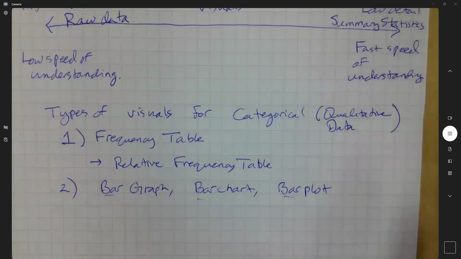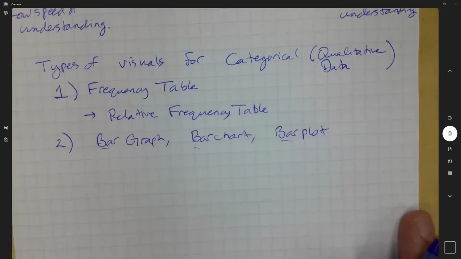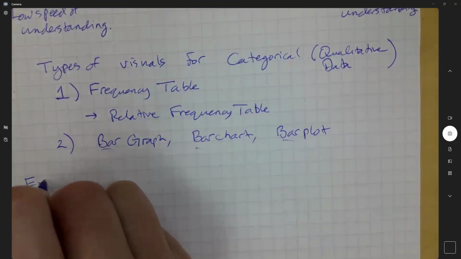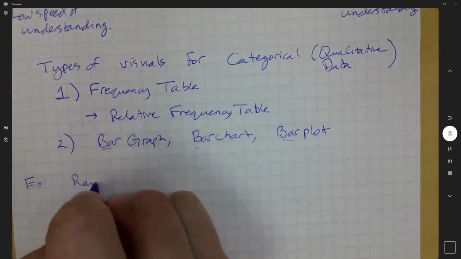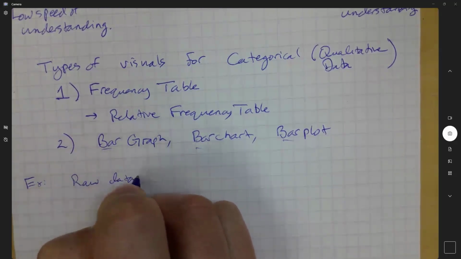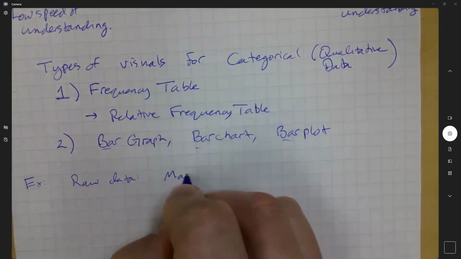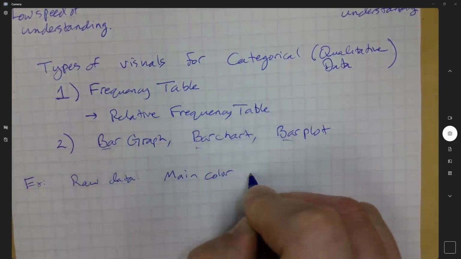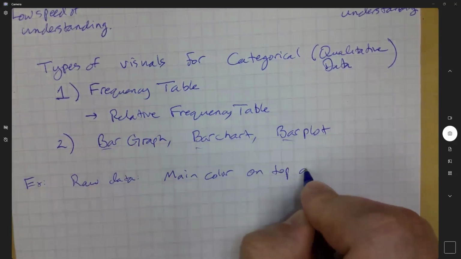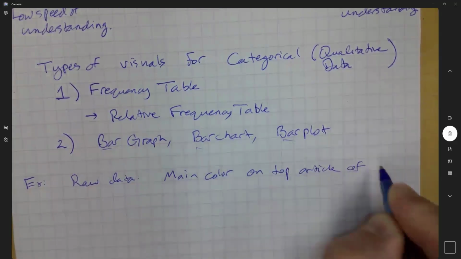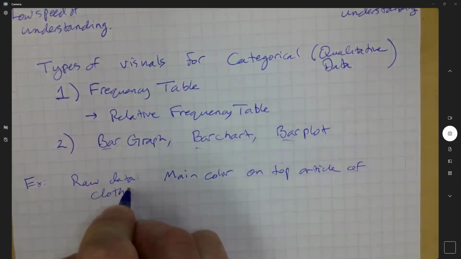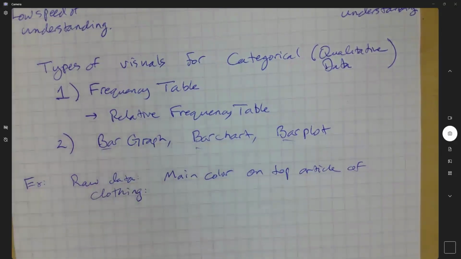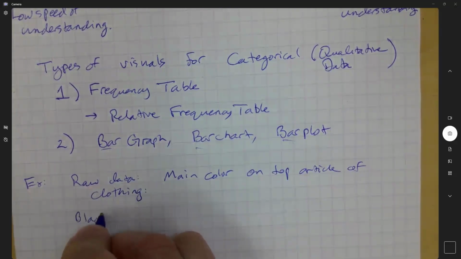So let's do an example. Let's start with some raw data. Main color on top article of clothing. I'm probably just going to make up this data rather than ask us to all go around. The raw data would just be a list of the different colors I see.